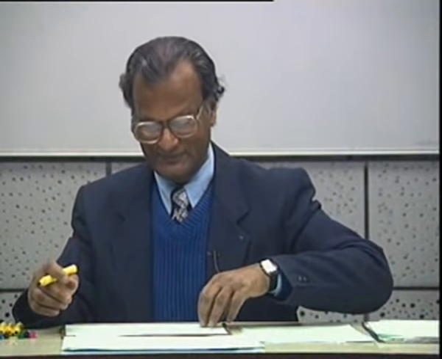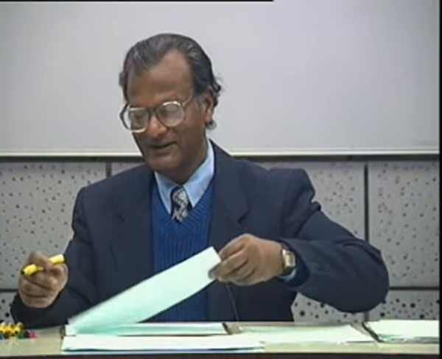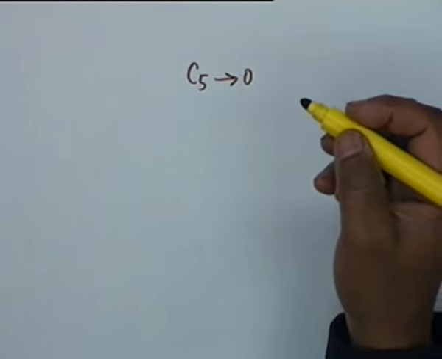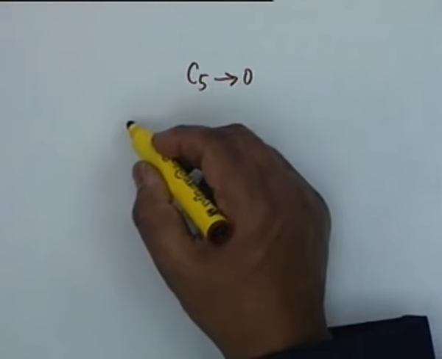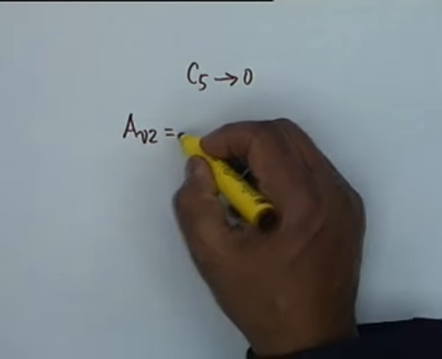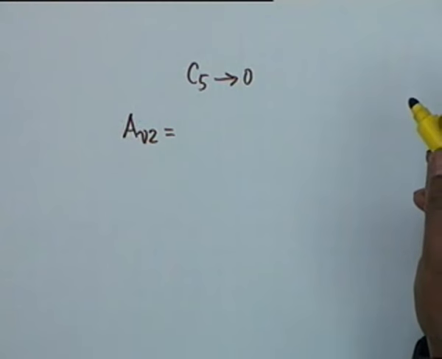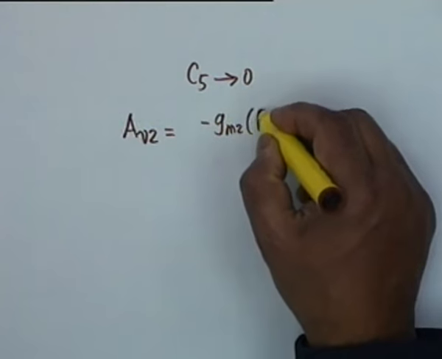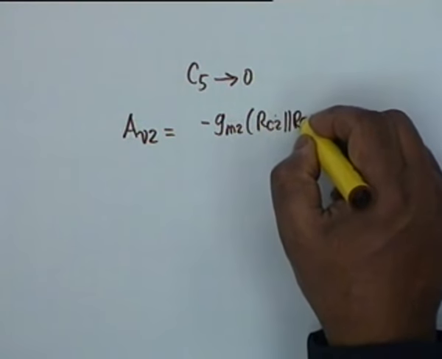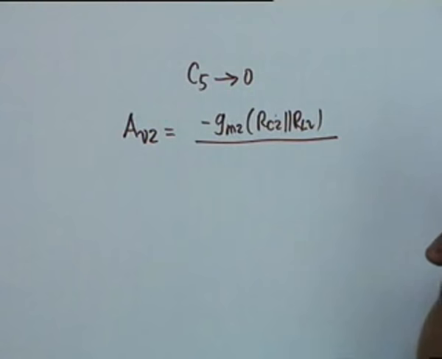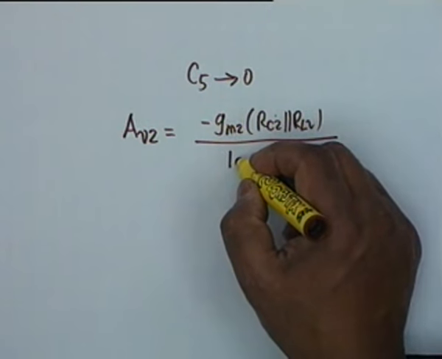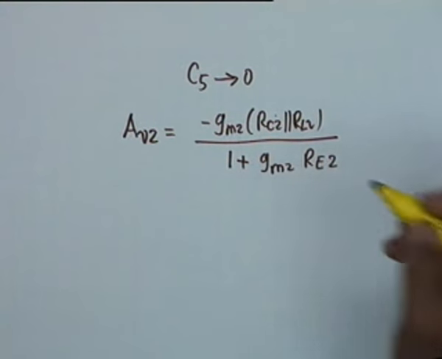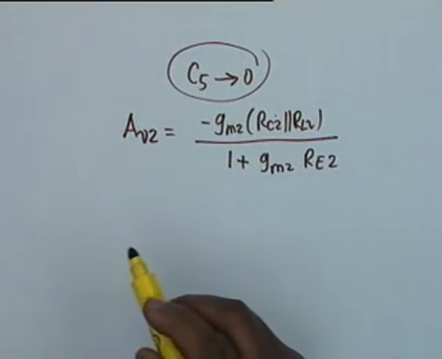Now the second part, that is, if C5 goes to 0, then the voltage gain of the second stage AV2 reduces drastically. It becomes minus GM2 times RC2 parallel RL2, divided by 1 plus GM2 times RE2 if C5 tends to 0.